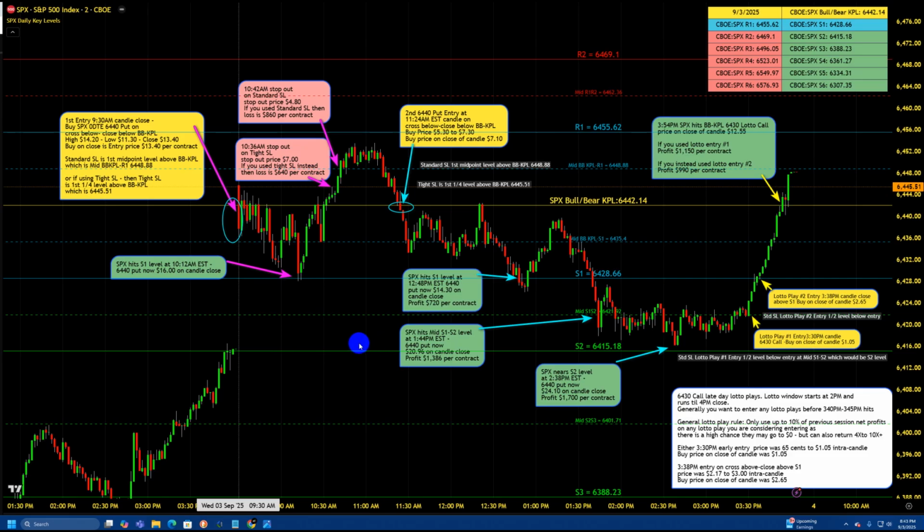So later on in the session, even though these are take profit levels off of entries off of this trigger here, later on in the session, these levels can become entry levels for bullish or bearish plays.